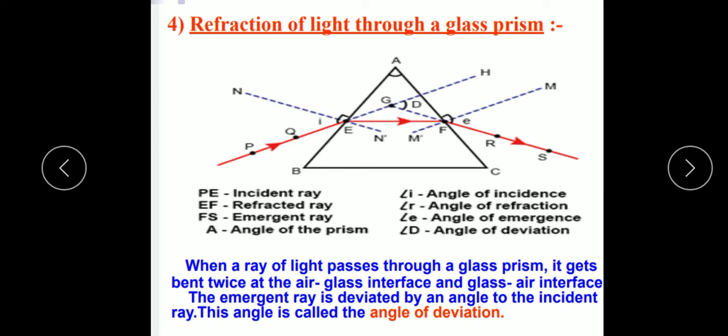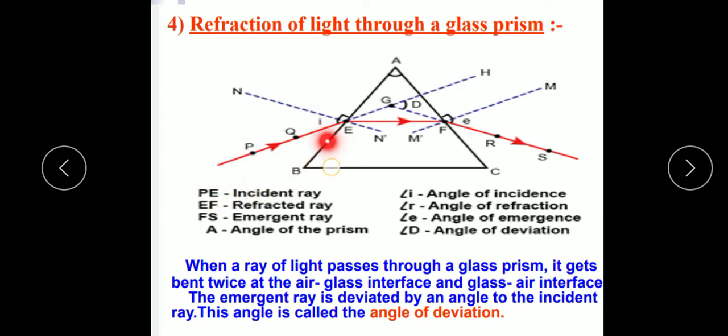The angle between the two lateral surfaces is called the angle of the prism, and it is denoted by the symbol A. Now, what happens when a ray of light passes through a glass prism?